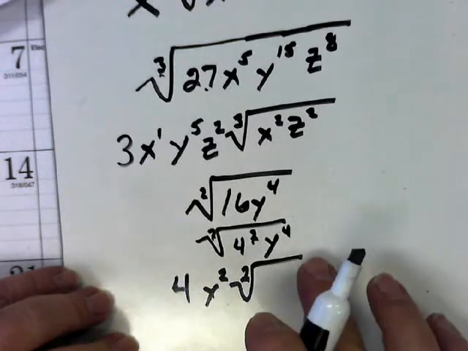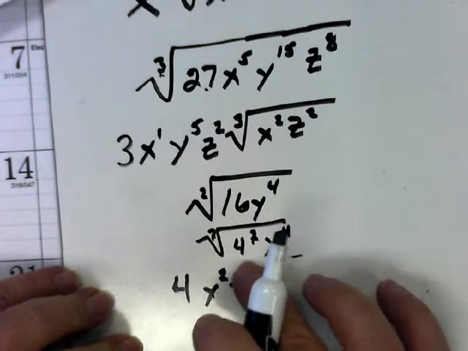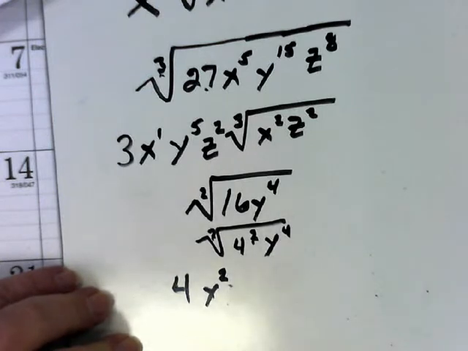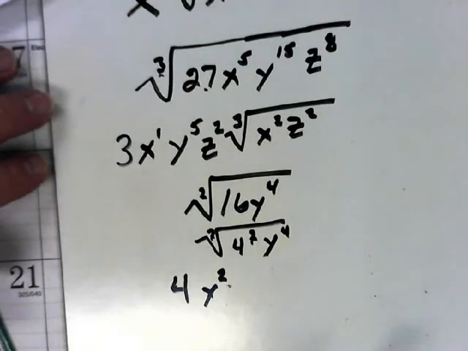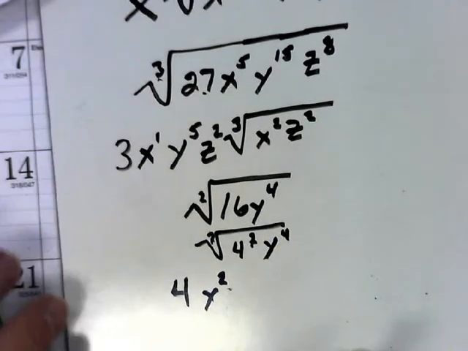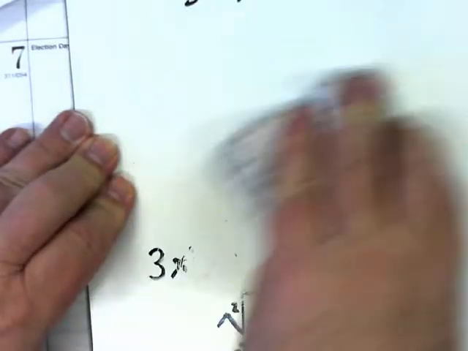Do I have anything in the radical? Nope. Nothing. So I end up with 4y squared. How about I erase this and we do the following problem.